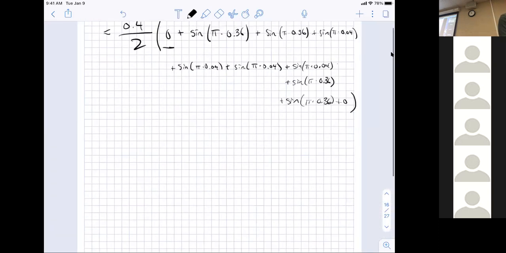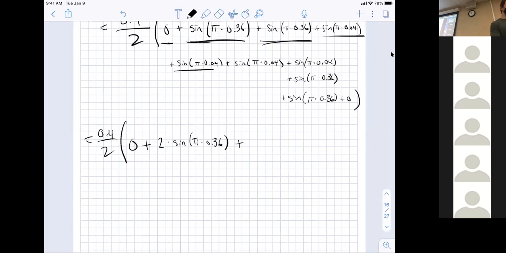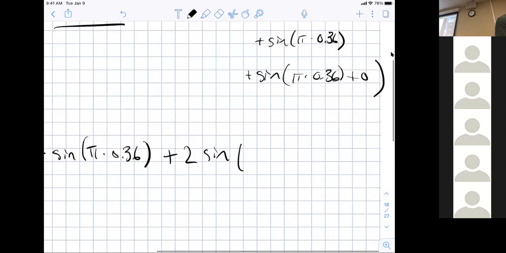Okay, so this shows up when we're writing this formula out. I still have 0.4 over 2 out here. I have 0 plus, then I have 1, 2 sine of pi times 0.36s to start. Plus 1, 2 sine of pi times 0.04s.